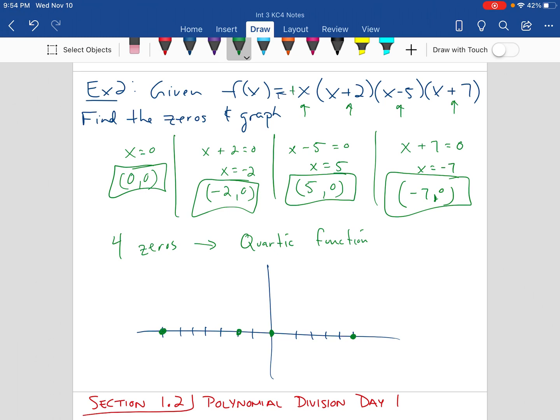Okay, this is a positive function, so the arrows are both going to be going up. So it's going to look something like this. Again, this does not have to be perfect, as long as it passes through the zeros, and it is a quartic graph. Okay, and that's it.